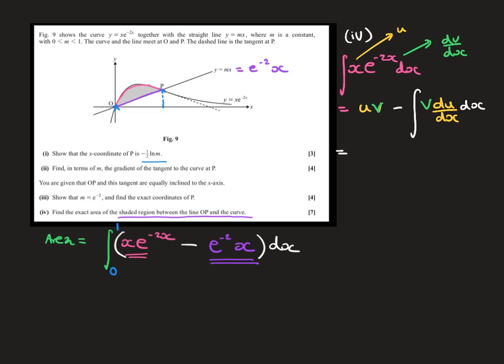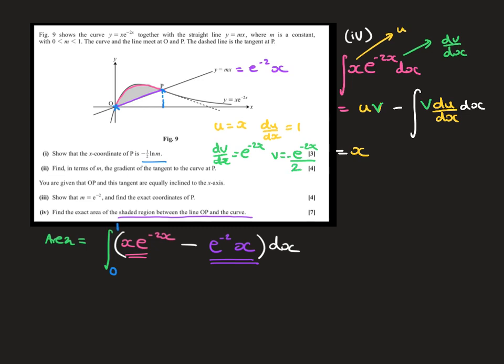So u is x. Now v is the integral of e to the negative 2x, so I haven't left a huge amount of space here for me to write this all out. So u is x, du by dx is 1, dv by dx is e to the negative 2x, and integrating that, v is e to the negative 2x, all divided by negative 2.